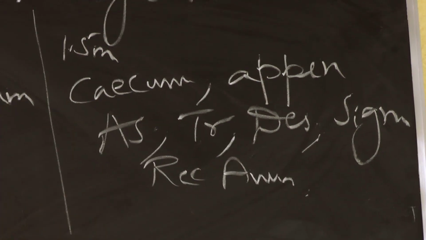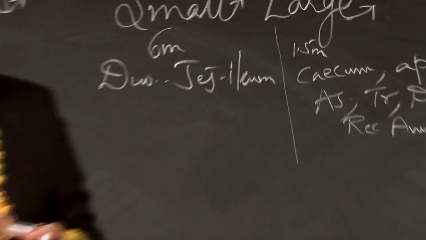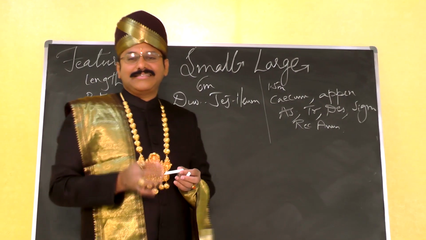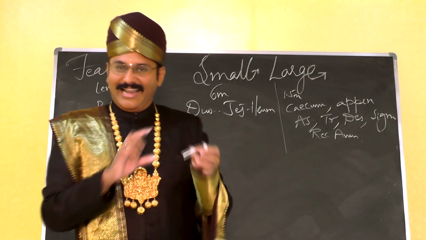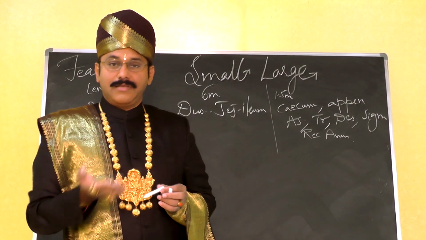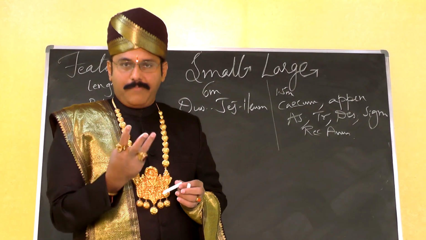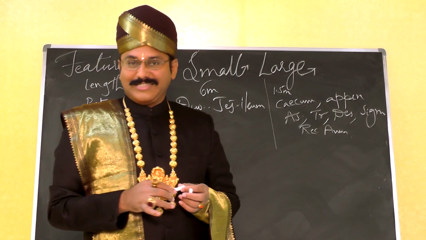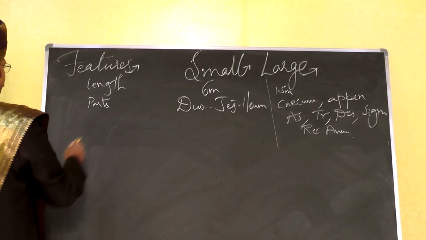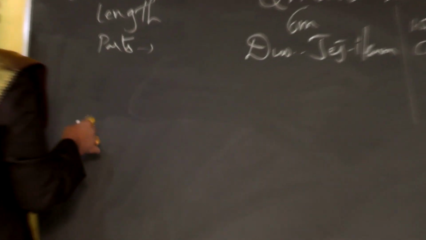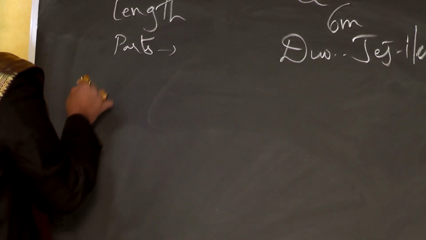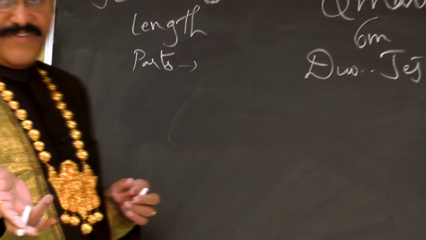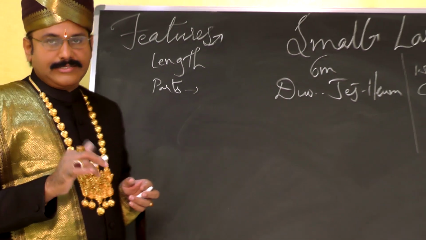So these are all the different parts of the large intestine. The large intestine has more parts, but the length is just 1.5 meters. And the small intestine has only 3 parts, duodenum, jejunum, ileum, and it is up to 6 meters.